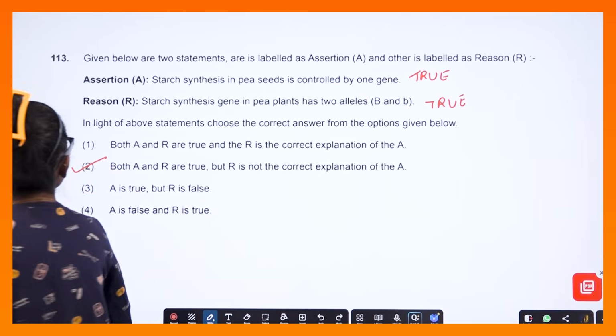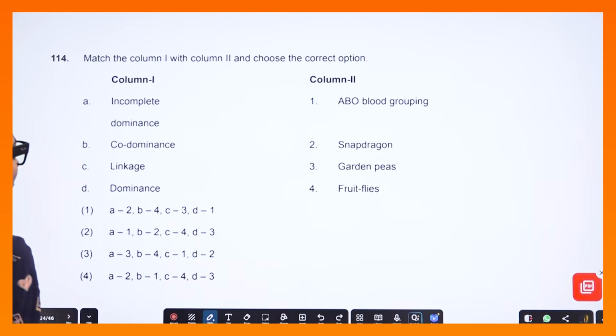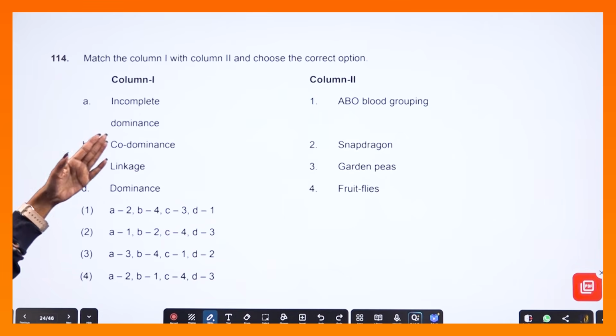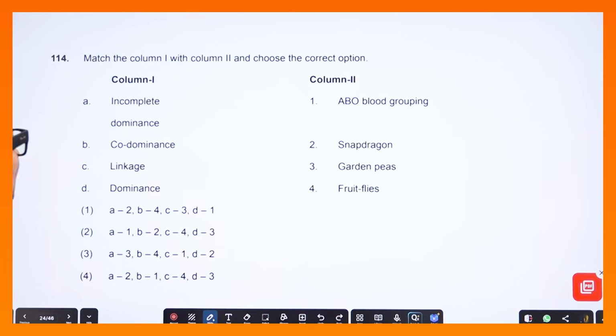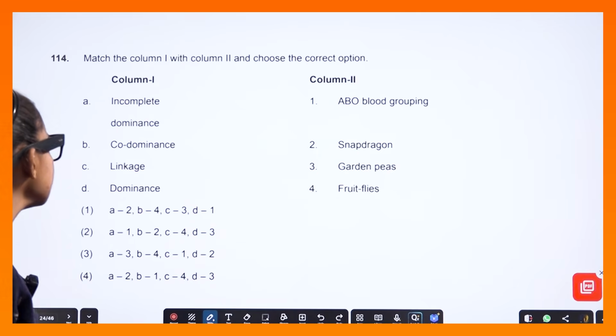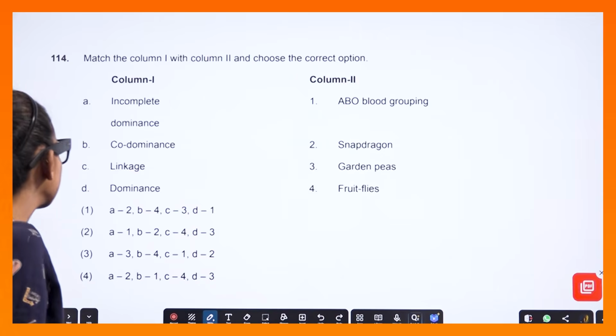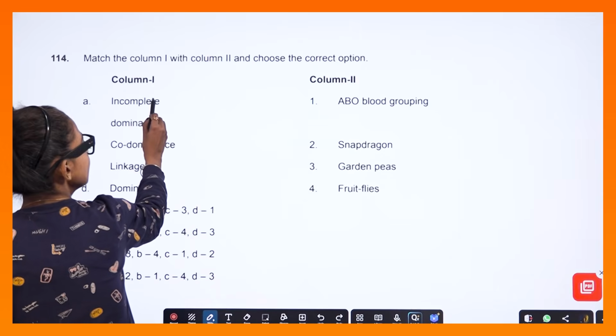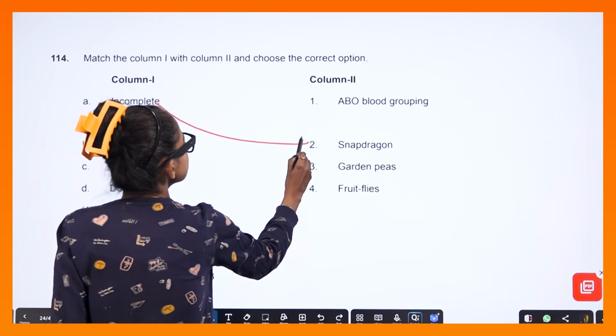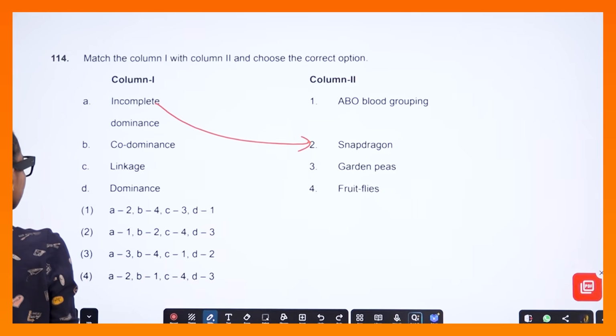Okay, let's move on. Again codominance and all. This is easy, right? Incomplete dominance, you'll go with snapdragon. Codominance, you will go with ABO blood grouping. Dominance, you can go with garden peas. Linkage, you can go with fruit flies. So let me just do it. Incomplete dominance, snapdragon, A2.